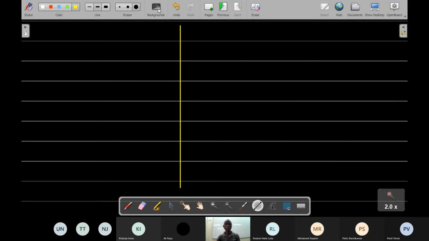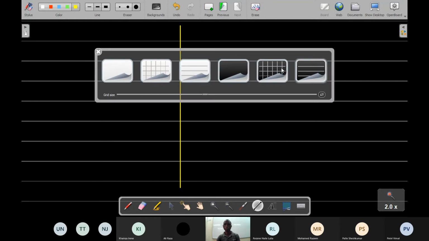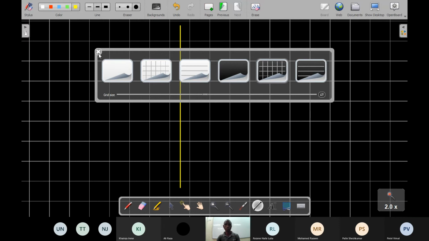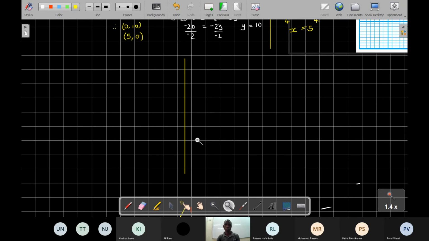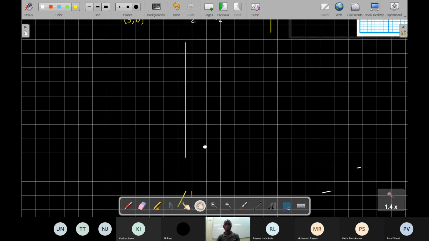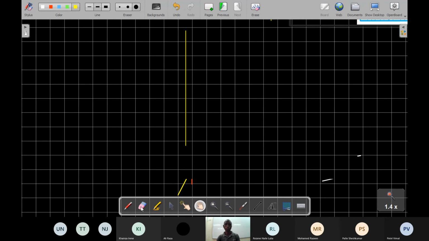Let me use again that page which was having squares like this. I think I can zoom out. Yeah, like that. So still I want to draw this graph here.